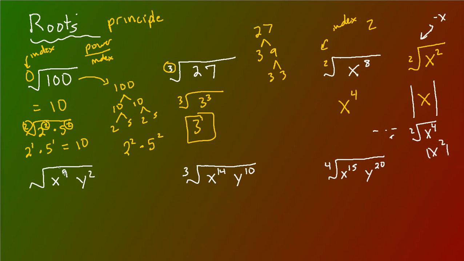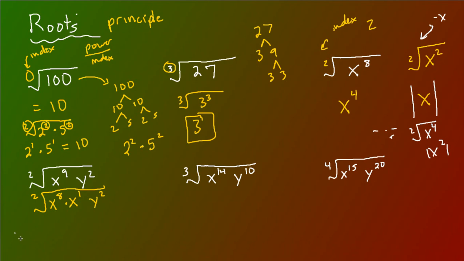All right, let's take a look at this one. Now, 9, we're going to say, well, wait a minute. 9 is not divisible by 2. So what I'm going to do is I'm going to walk my power backwards until I get a number divisible by 2. And the first number, if I go back 1, is 8. And we see 8 plus 1 is 9, so I haven't done anything, and my y squared is fine.